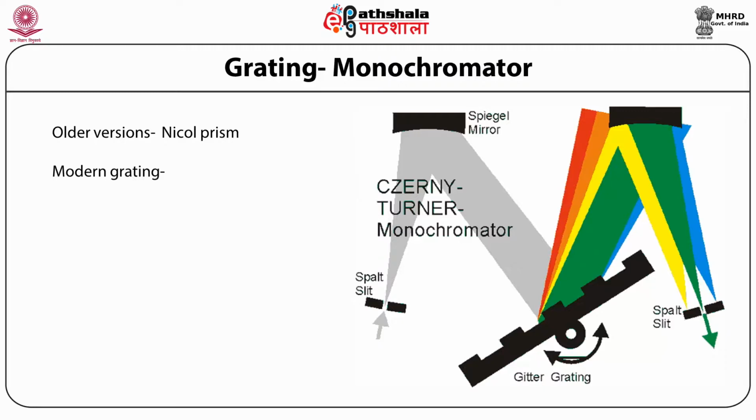This is used in older versions of these detectors. We used a nickel prism, but this is largely replaced by Czerny-Turner monochromators. It is similar to a compact disc: if you angle it towards the light, you will see a rainbow coming out. The same principle works here.